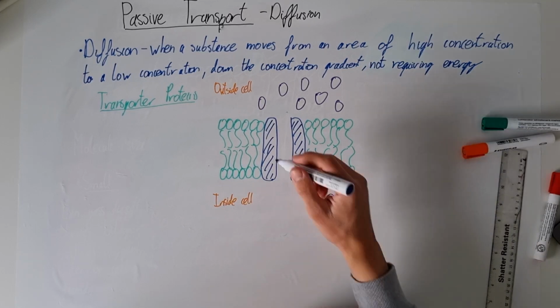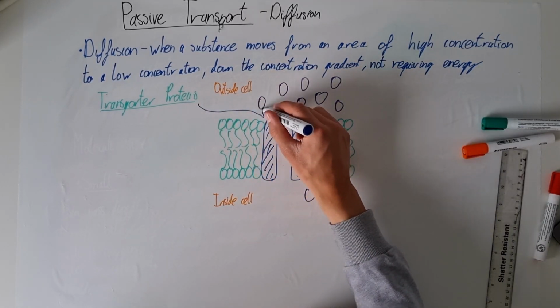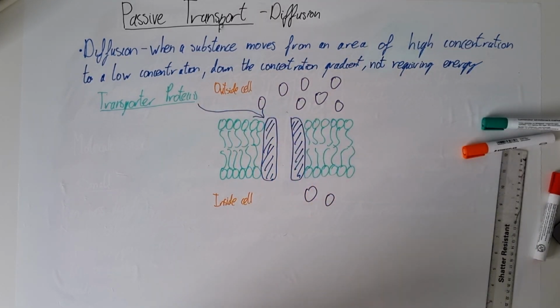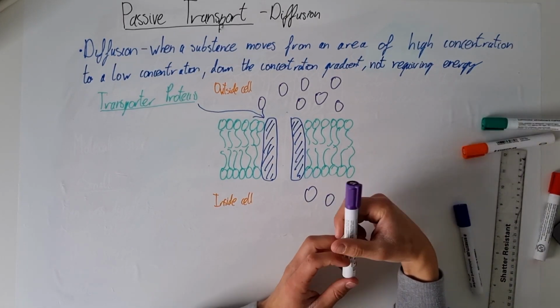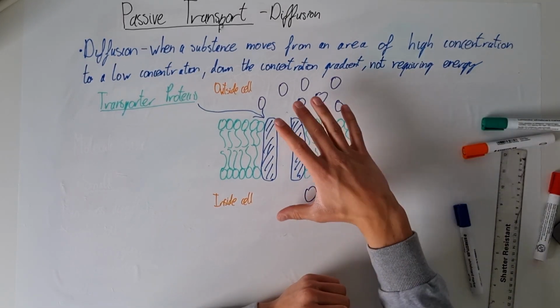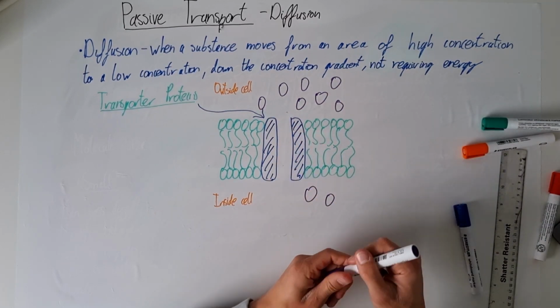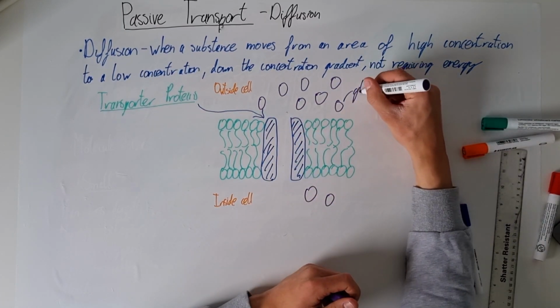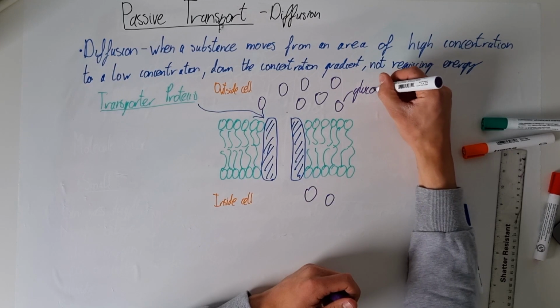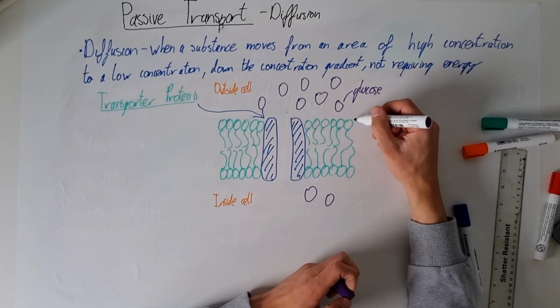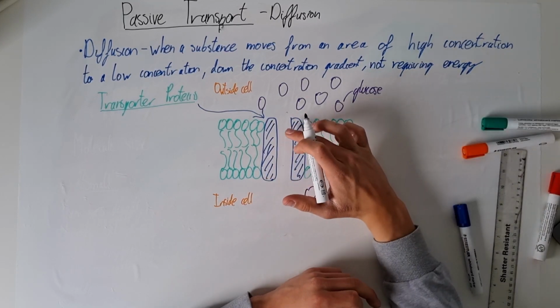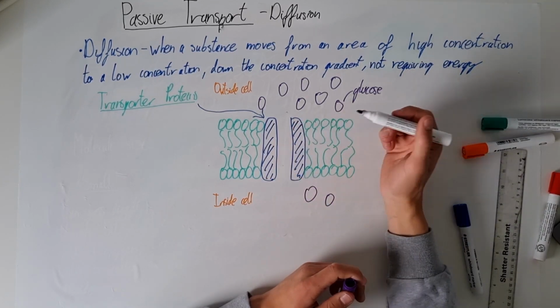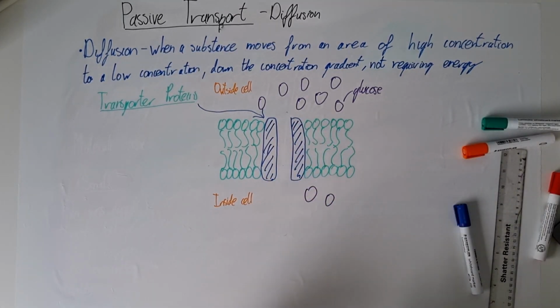So, taking a look at a transporter protein, its job is to basically provide a channel for these larger molecules to diffuse through. So, these larger molecules, such as glucose, are too large to diffuse through the bilayer, but not so large that they can't diffuse at all. So we have these things called transporter proteins which provide a channel for the molecules to diffuse through.